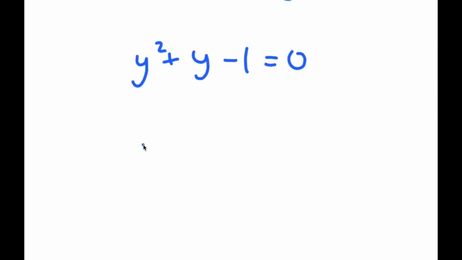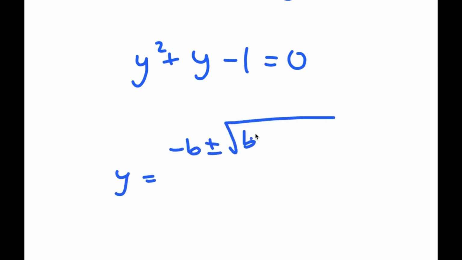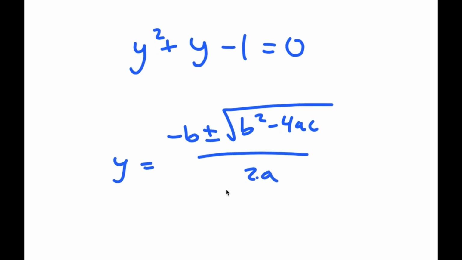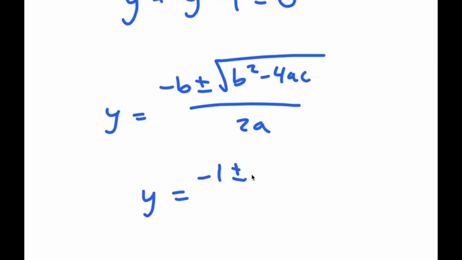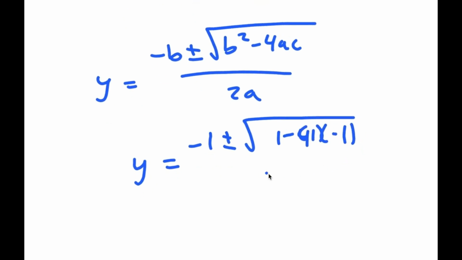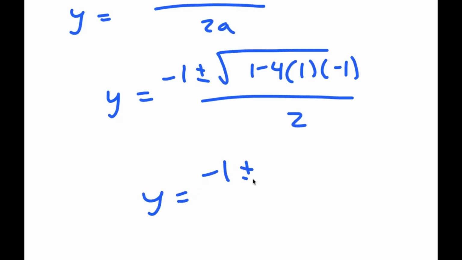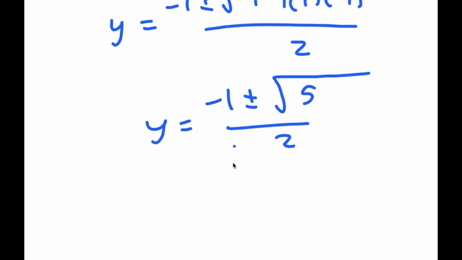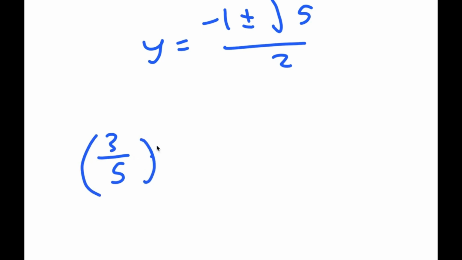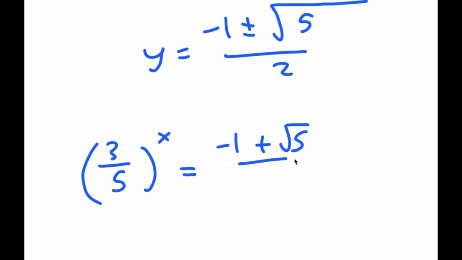And if I use the quadratic formula, which is negative b plus or minus the square root of b squared minus 4ac all over 2a, I get y is equal to negative 1 plus or minus the square root of 1 minus 4 times 1 times negative 1 all over 2, which is equal to negative 1 plus or minus the square root of 1 plus 4, which is 5, over 2, meaning I have 3 over 5 to the power of x is equal to negative 1 plus the square root of 5 over 2.